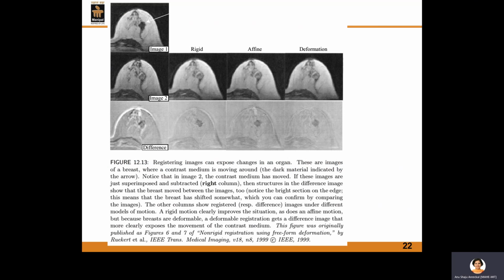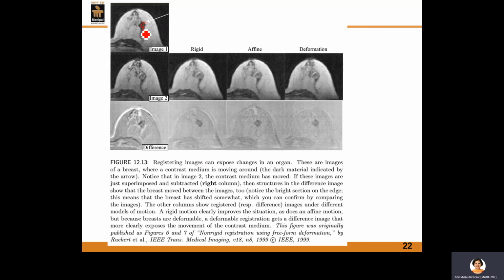Here we see an example of a human organ in which there is some contrast agent. This arrow mark shows that there is a contrast agent present over here. In this example, the contrast agent moves, and we're trying to see how much it has moved or spread.